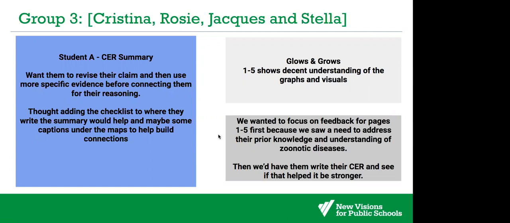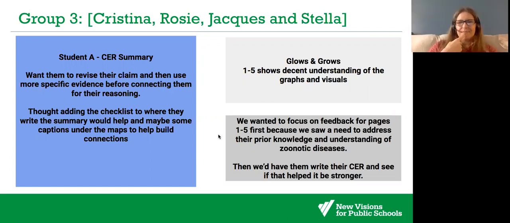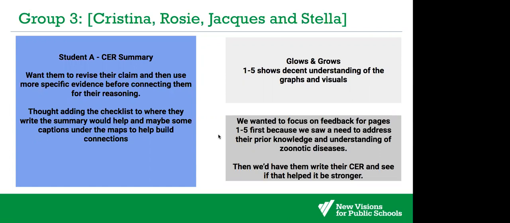So we thought that adding the checklist to where they write the summary could help them see what they need to do. And then we also saw, across both student A and B, that making connections between those two maps was challenging. So providing some captions to help scaffold that a little more could be really great.